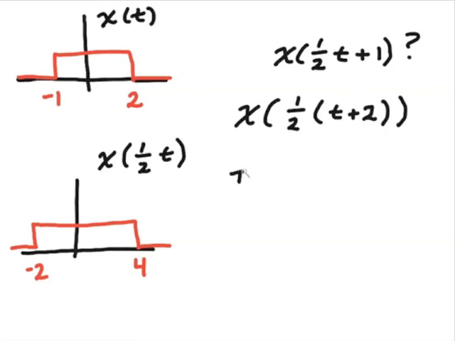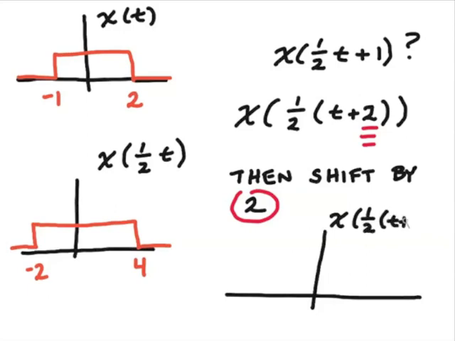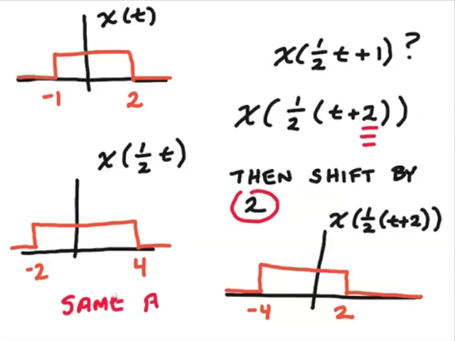Then we'll shift by 2 seconds. That will yield x of 1/2 t plus 1. When we do that shift, we'll now get another pulse, and this one goes between -4 and 2 seconds, shifting toward the left because of the +2. That's our answer, and it's the same answer as before.